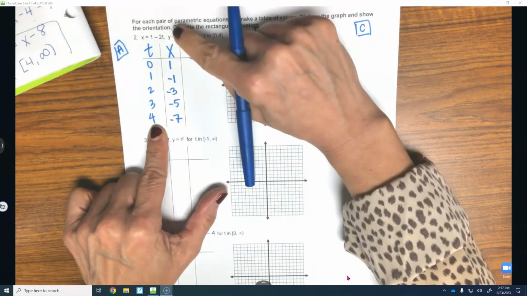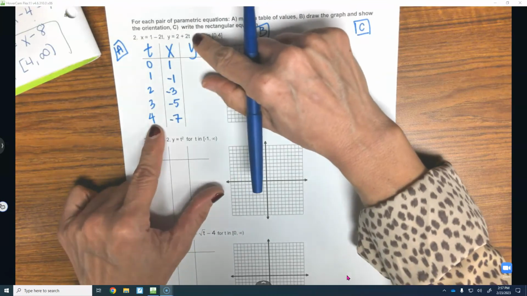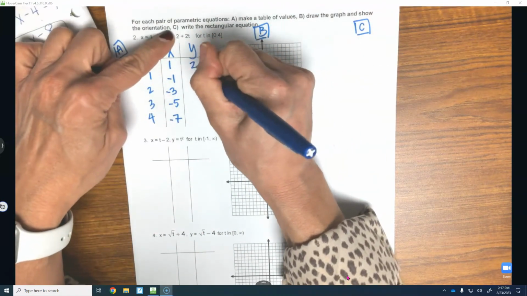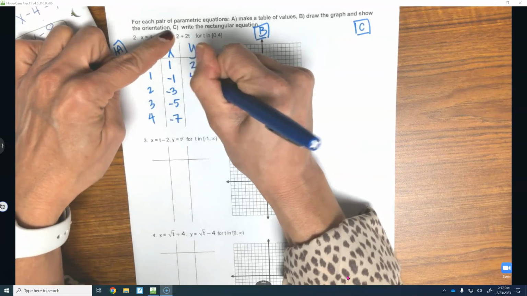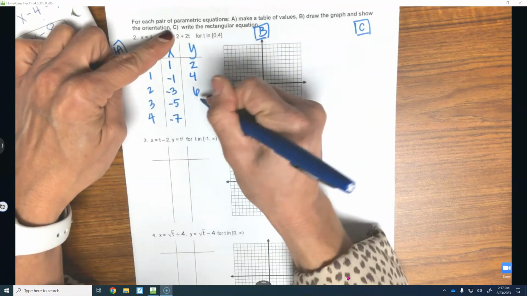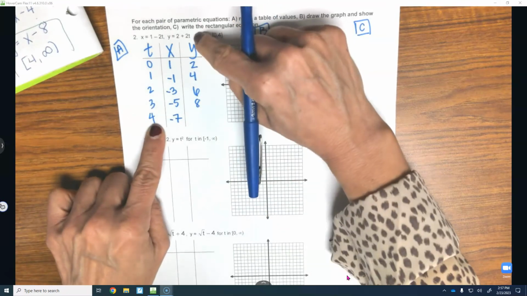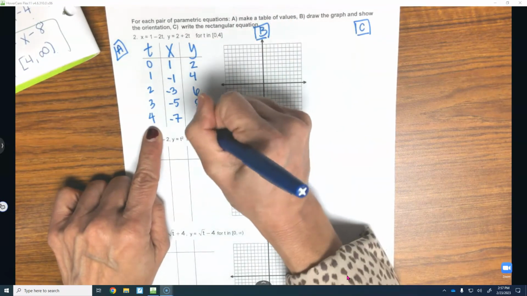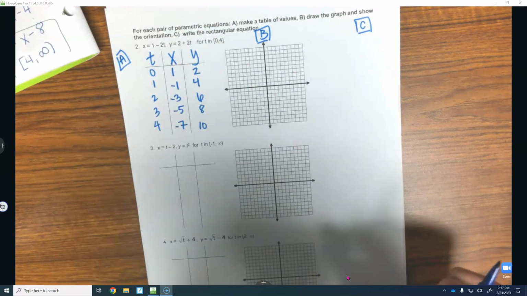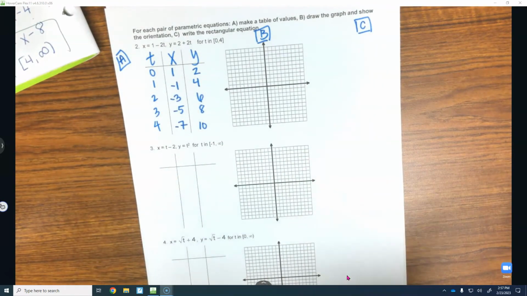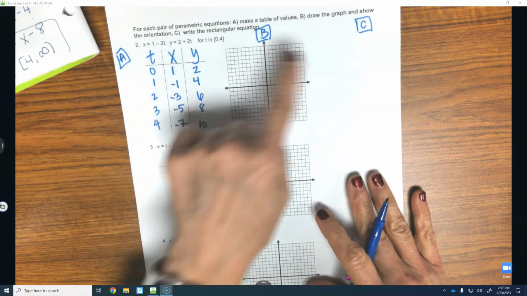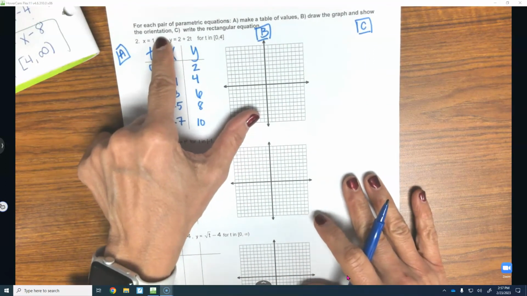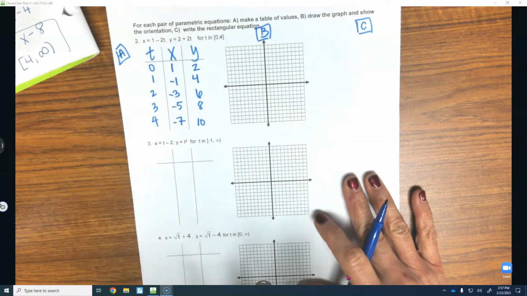All right, let's plug these in over here. These are all positive numbers, so this is just going to be a 2 and then a 4. These are just even, 6, 8, and then when I plug in a 4 times 2 is 8, plus 2 more is 10. Okay, so now let's go ahead and plot this, but let's pay attention to how the plots are being formed and in which direction it's going.